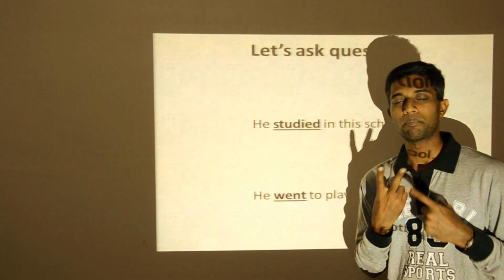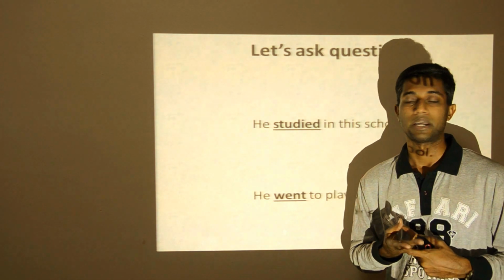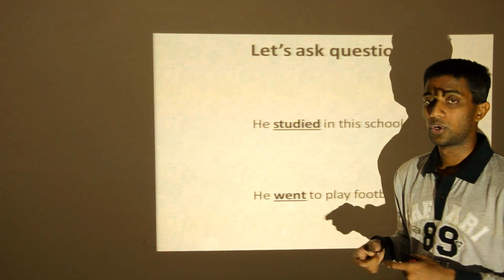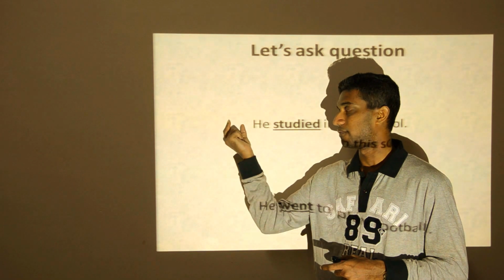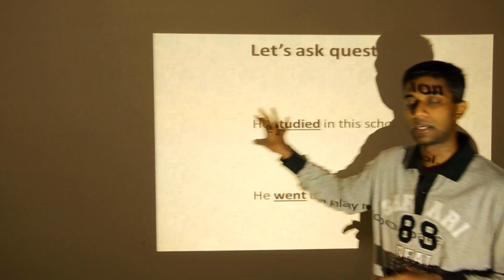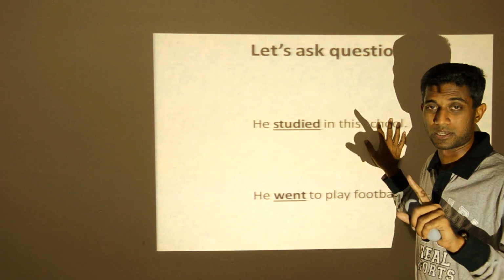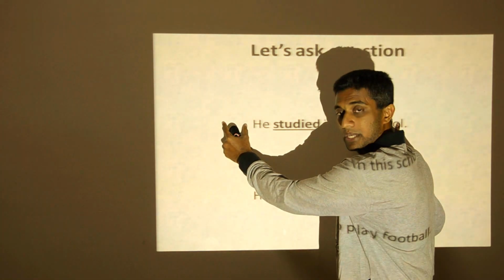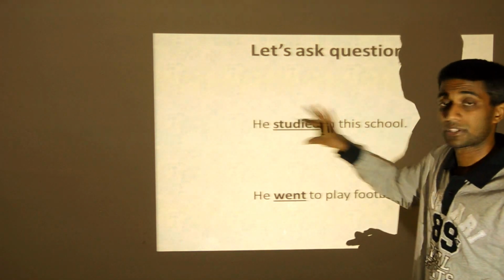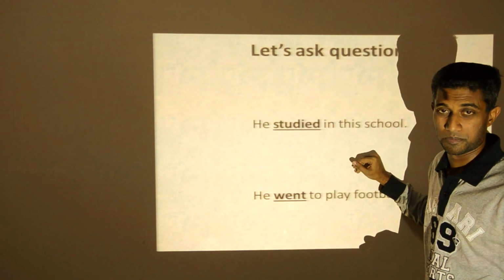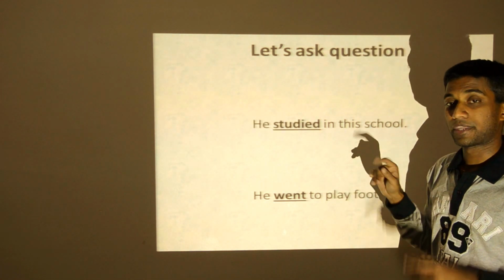There are two major concerns you have to keep in mind. The first concern is we're going to use "did" at the very beginning of the sentence, and we're going to keep the rest of the words as it is. That's the first thing. Use "did" at the very beginning of the sentence and keep the rest of the sentence as it is. That is number one.